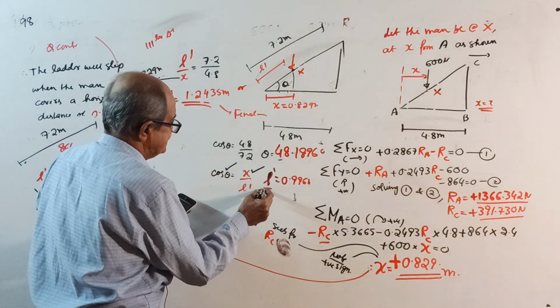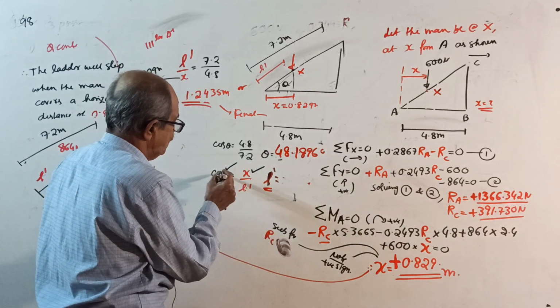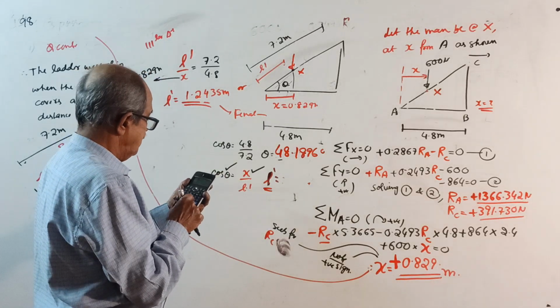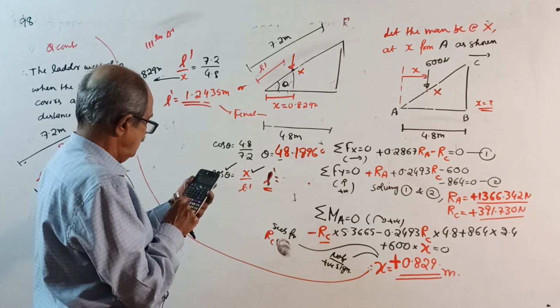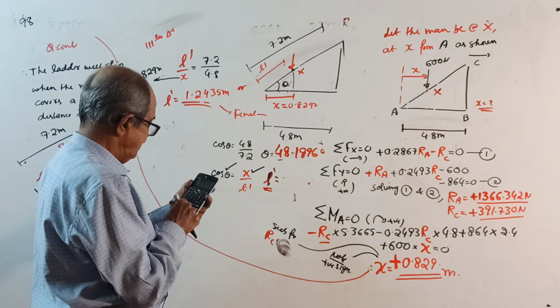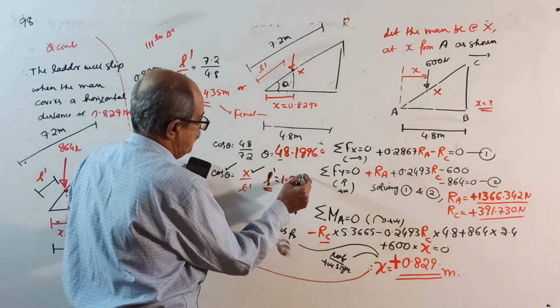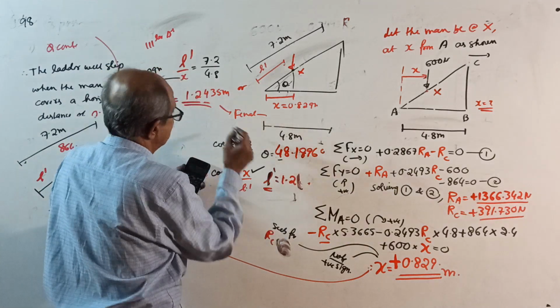Now calculate L dash. L dash equals x, 0.829 divided by cos of 48.1896, is 1.2435 meter. See, the same as that answer.